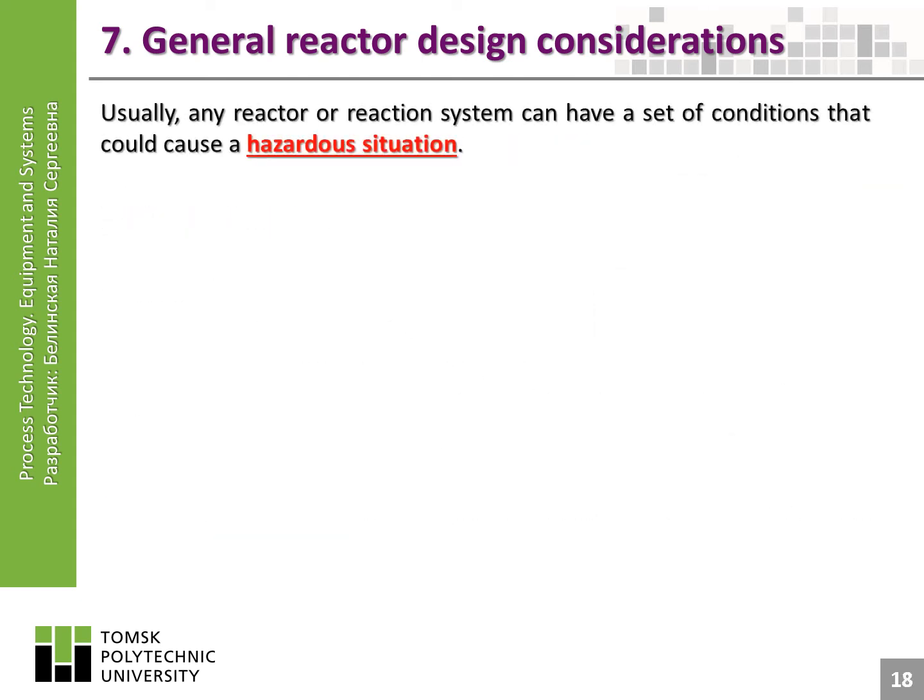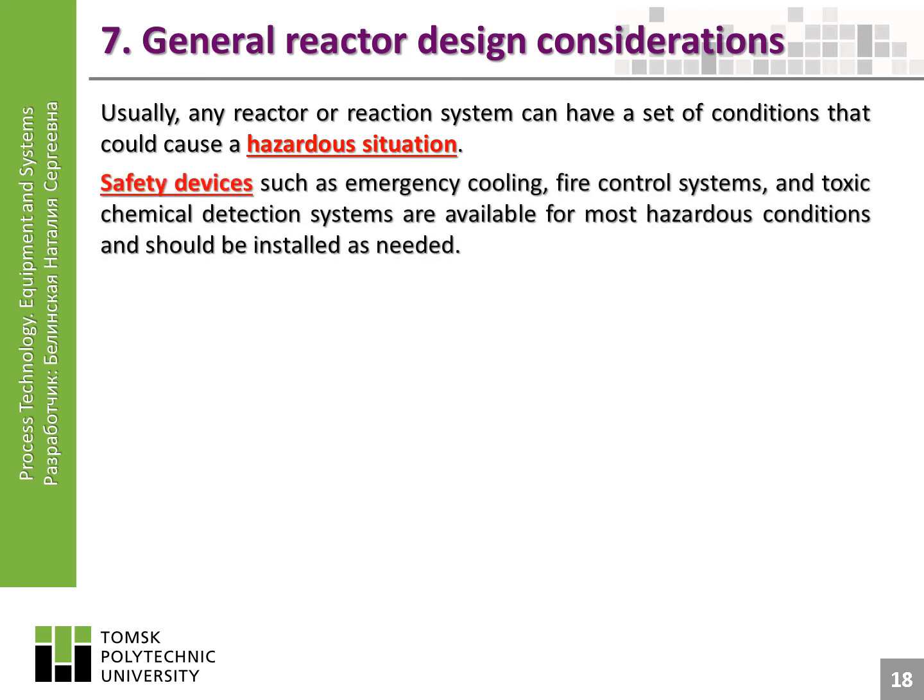Usually, any reactor or reaction system can have a set of conditions that could cause a hazardous situation. Safety devices such as emergency cooling, fire control systems, and toxic chemical detection systems are available for most hazardous conditions and should be installed as needed.